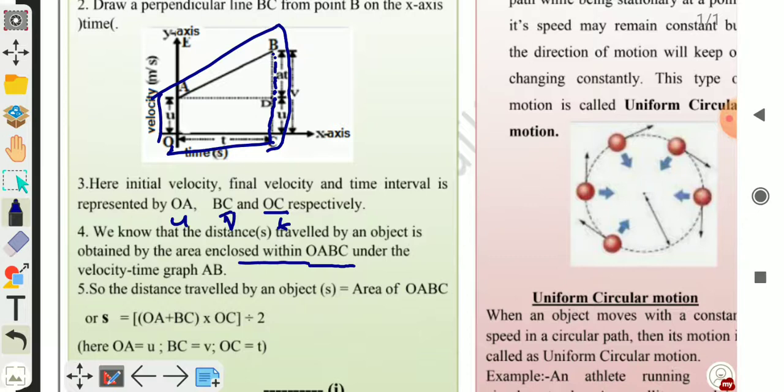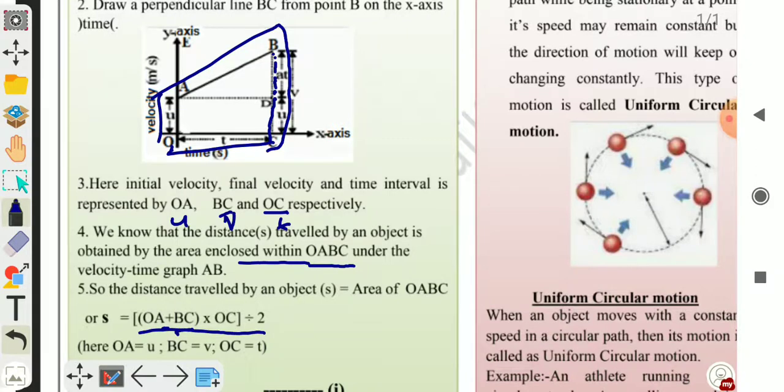So area of OABC, or s, equals (OA plus BC) into OC divided by 2.